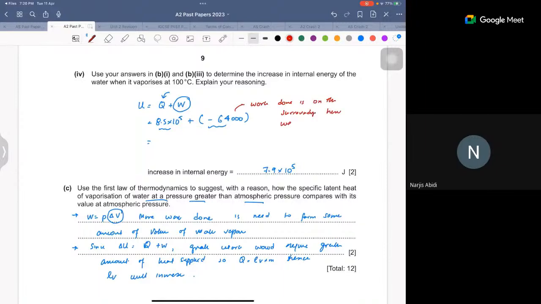Hence we have taken work as negative. Is it clear? All right, Narjis? Yes, sir, it's clear.